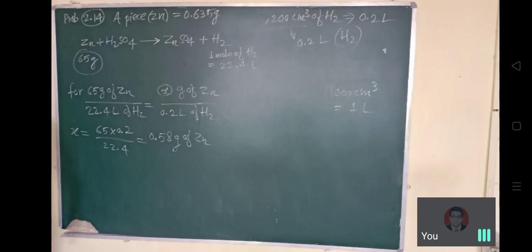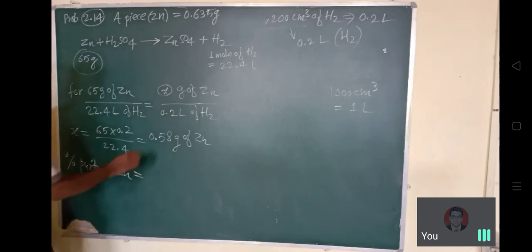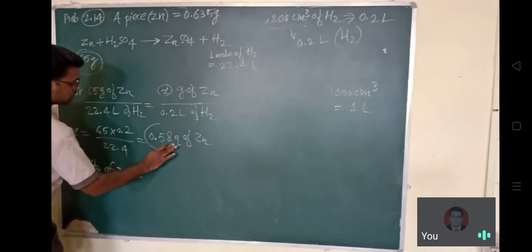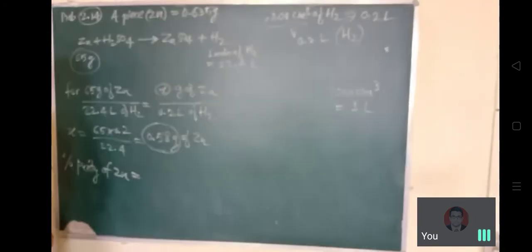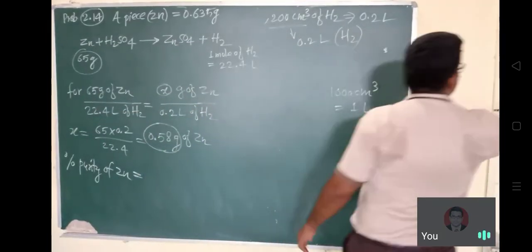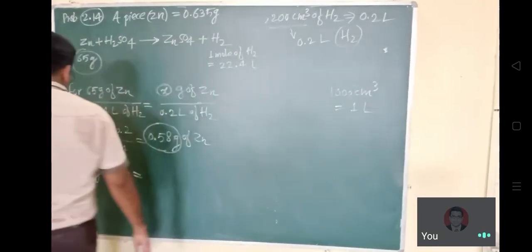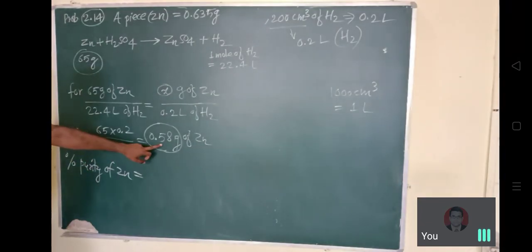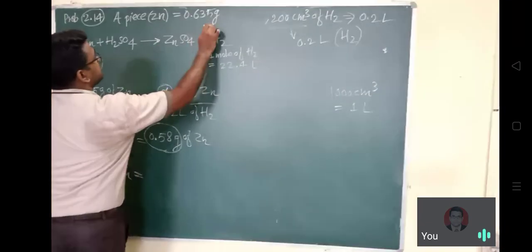What we have to find out here in problem number 2.14 is to calculate the percent purity of the zinc sample. So look at these values: 0.58 grams and 0.635 grams.